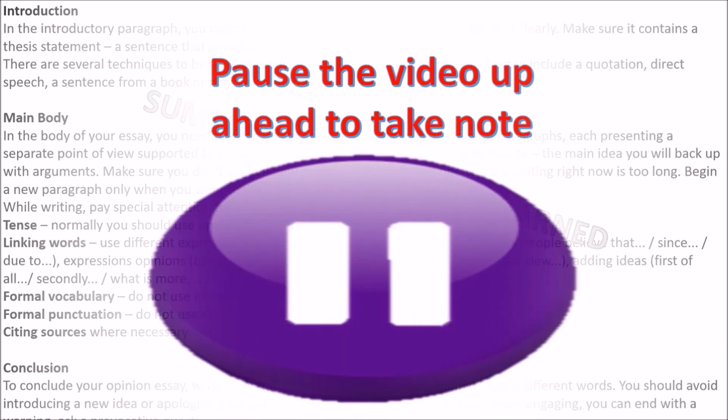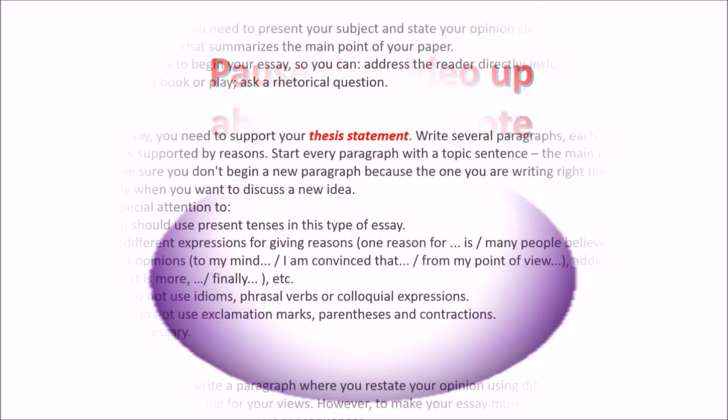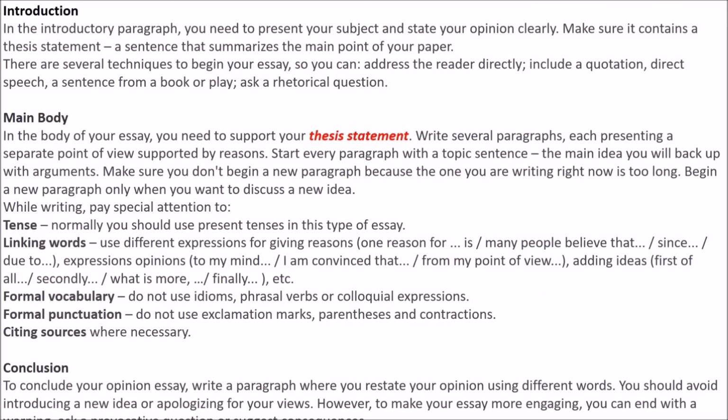So pause the video in the next image and take a picture so you can have that information. You can take a picture of that, or capture the screen, right? And you have information about how to make an essay if you want to practice more.